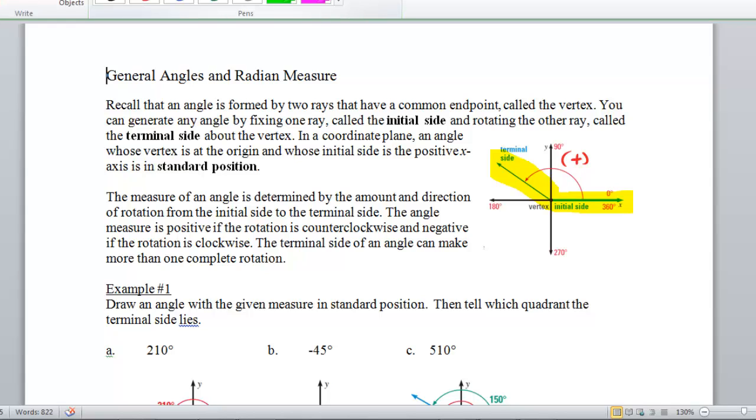Now, if we wanted to measure an angle going clockwise, so if we went back this way, we would be measuring a negative angle. The positive angle and the negative angle that share this terminal side would have to total up to 360 degrees.